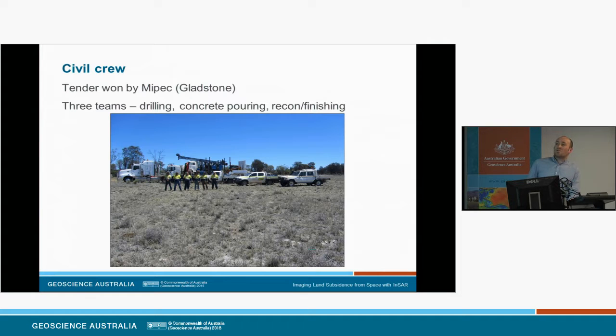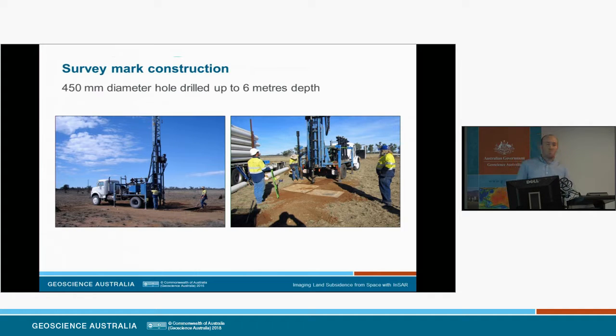So the construction was won by tender by a mob called MIPEC based out of Gladstone, and they operated in 3 teams to pass through the network and install this infrastructure. And I'll just talk you through the process of that construction. So each hole was drilled to a depth of about 6 meters with a 450 diameter drill bit.